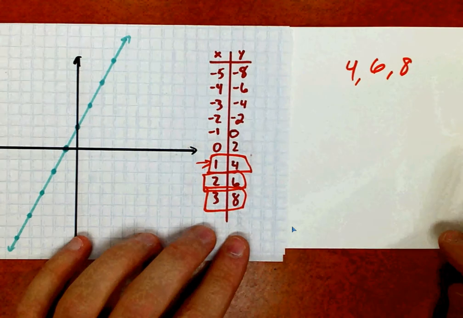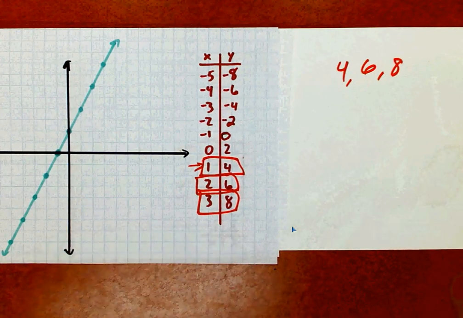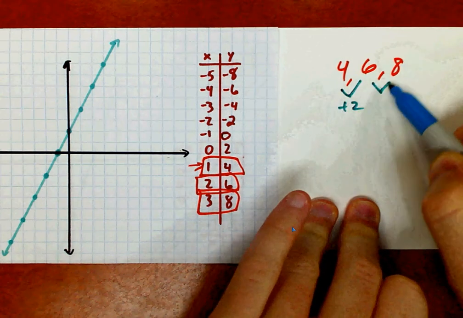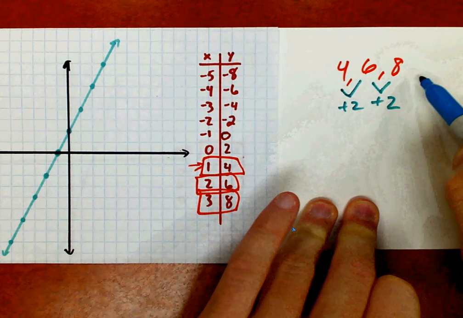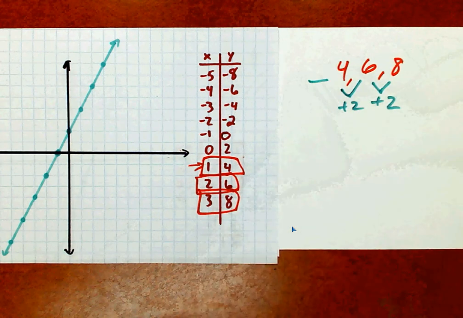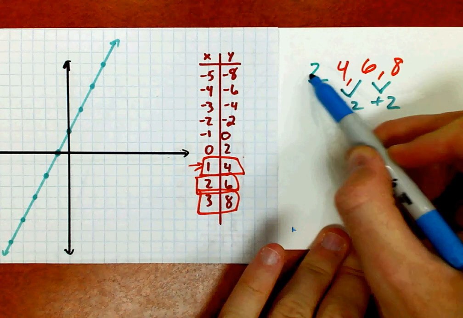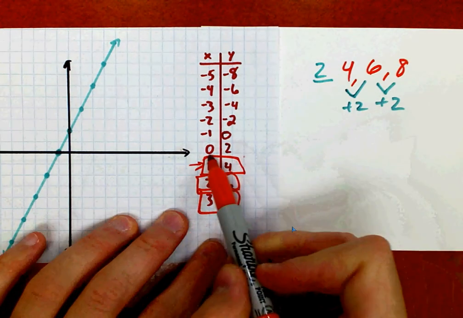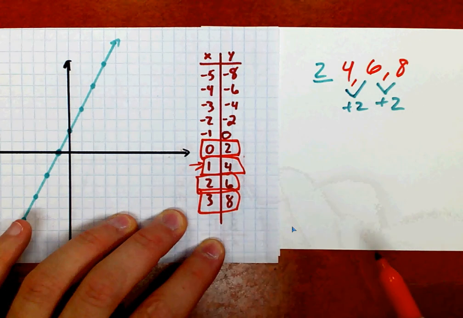This appears to have a common difference of 2. Which means that that phantom term, if I go back in the other direction, would have to be 2. We'll compare what you see over here in the set of ordered pairs. Yes, the 0th term is 2.